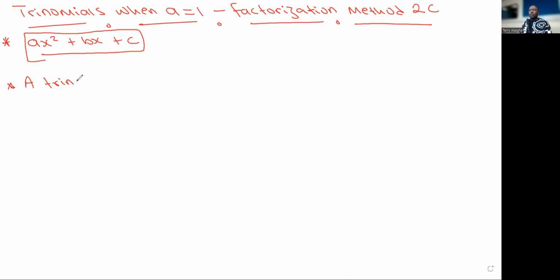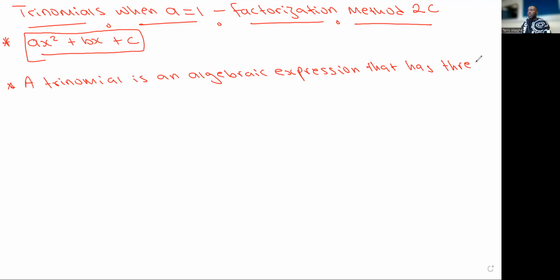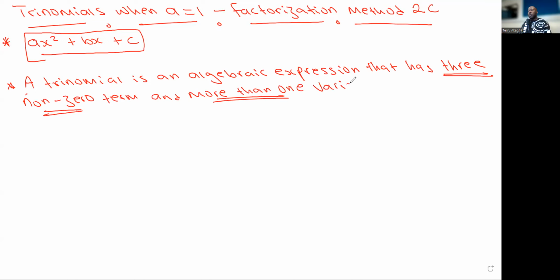A trinomial is an algebraic expression that has 3, very important, 3 non-zero terms, and more than one variable in the expression.